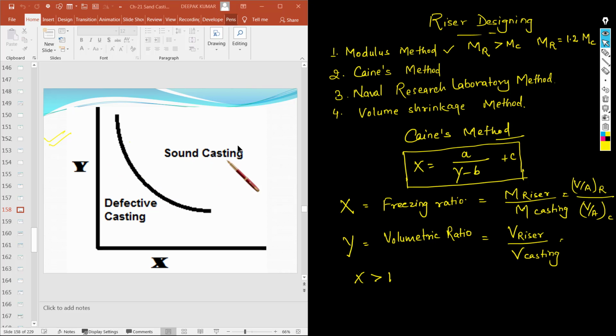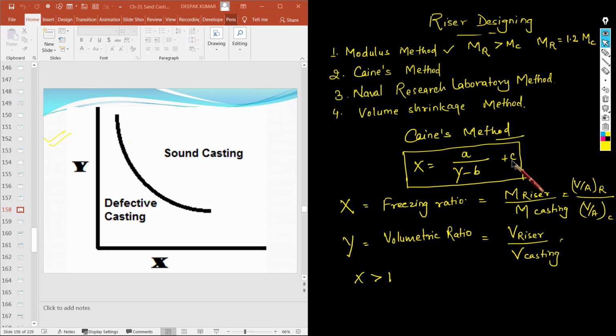Above this we will get a sound casting. That means the riser will solidify after the casting. But in this region the riser will solidify before the casting. So then we will get a defective casting, isn't it? So that is how we use Caine's method.